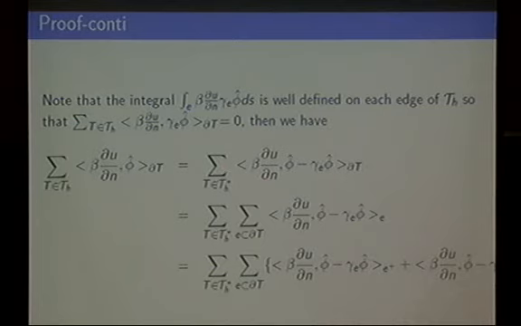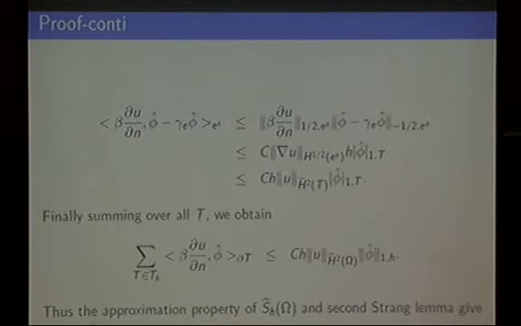Then we use the approximation property of this operator. Out of this part we get O(H). To get O(H) we need a negative 1/2 space. That's why I proved the lemma before. Without this long estimate, one can only get H^(1/2) order, but we could get full H order. So this is the proof. Finally, we have H.